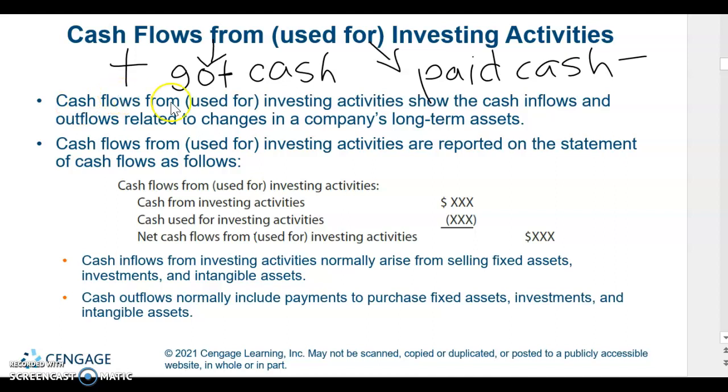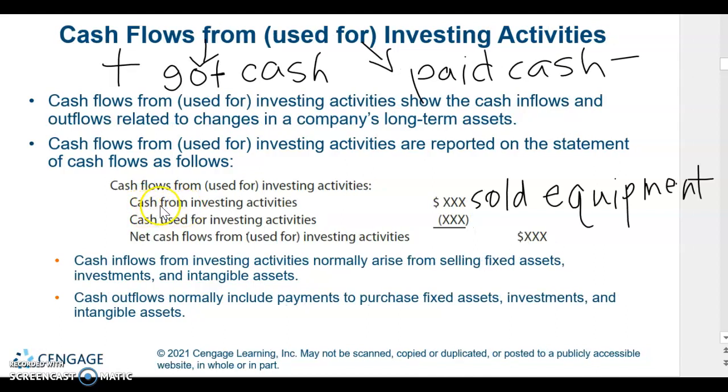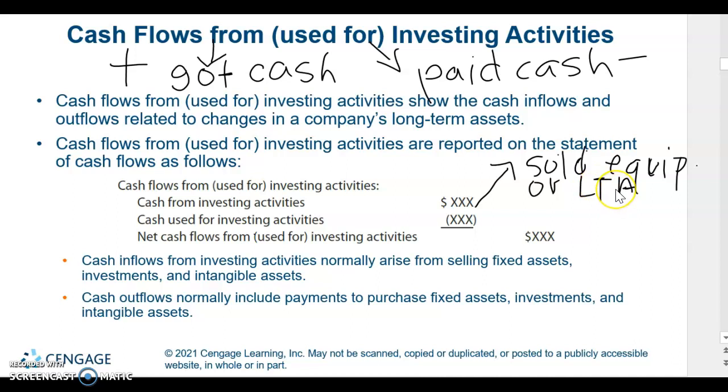So when we have cash flow from or used for investing activities, we're just going to list those. If I have cash from an investing activity, that means I sold some kind of long-term asset, for example, if I sold equipment. I put LTA for a long-term asset.